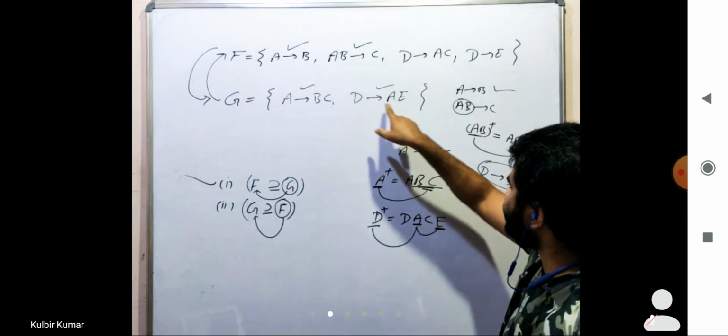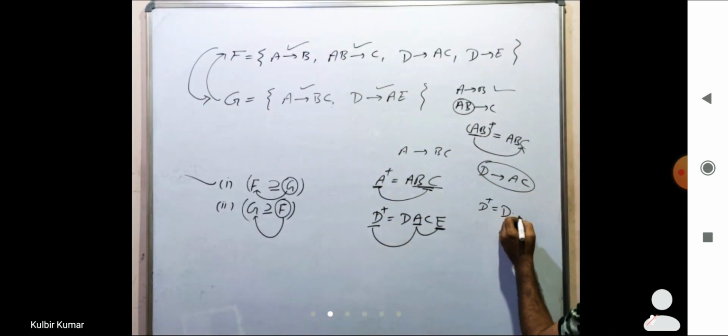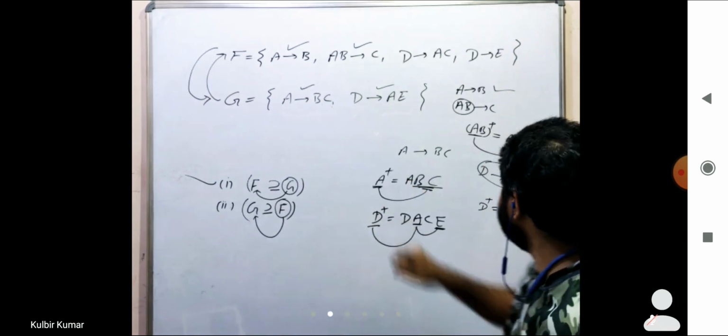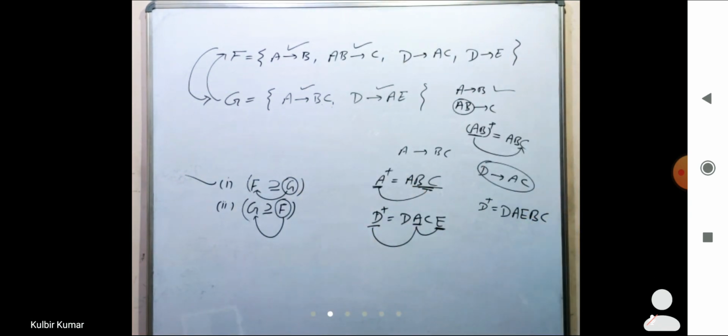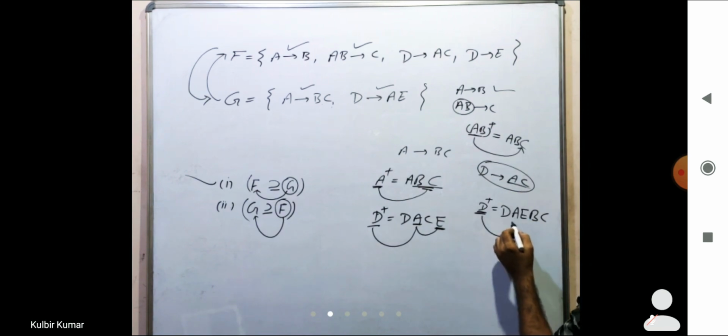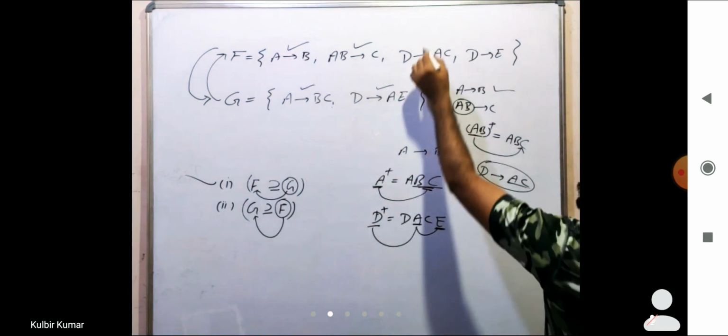D can derive D, and D can derive A and E. Okay, and A can derive BC. Yes. So finally with the help of D I can derive AC. Yes, D I can derive A and C. So it is deriving, so we can say this is also true.